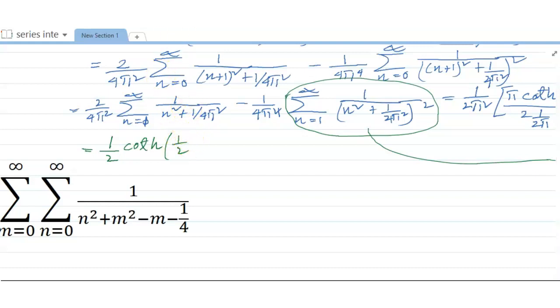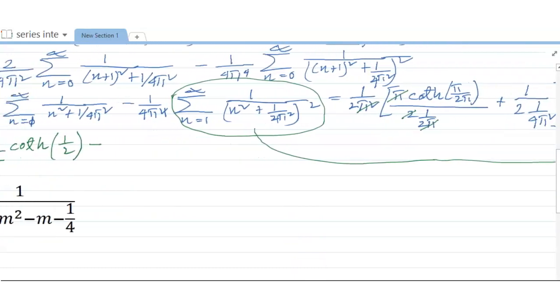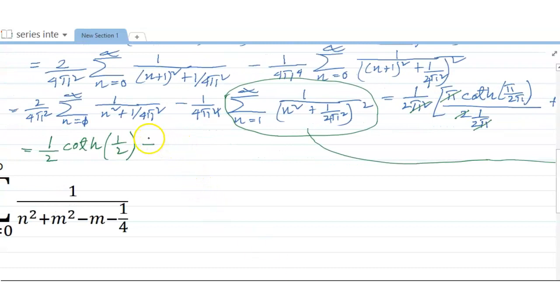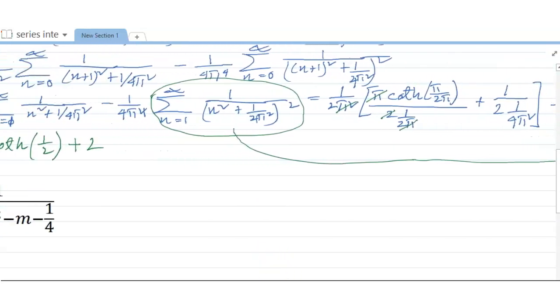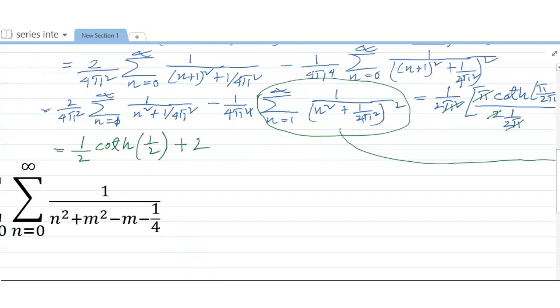Just simple calculation, because this pi and this pi is pi square, this is cut, and 2 is 2 cut, so half into coth half minus plus 2, minus, plus 2 and plus 2 will be cut, it will be plus 1.